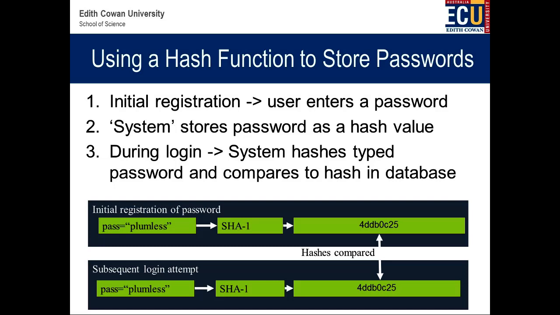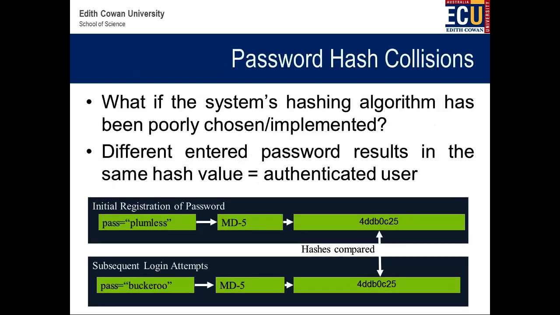You take a password, plumless, you use the SHA-1 hashing function, and the value generated by the SHA-1 function looks like this. For the subsequent login attempt, the user enters that same password again, and you use the same hashing function, and if the value matches the value stored in the password database or password file, the user is allowed to get into the system and start using the system resources.